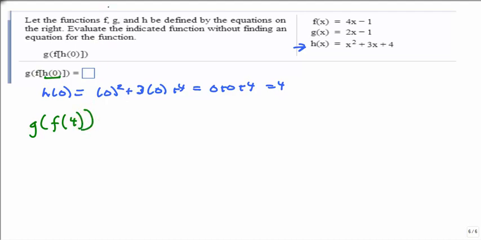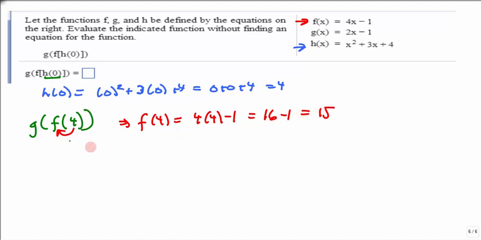So my next step is to take 4 and plug it into f. So f of 4, I would plug in up here. I'd have 4 times 4 minus 1. 16 minus 1 is 15. Okay, so now I know f of 4 is 15.